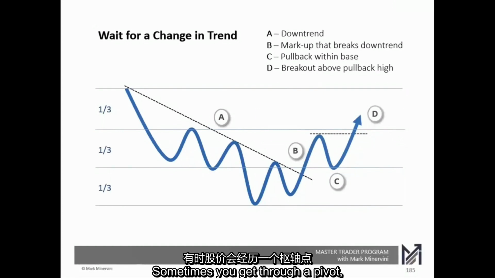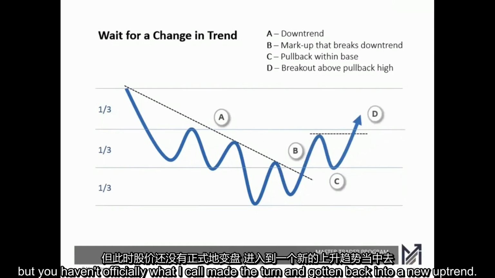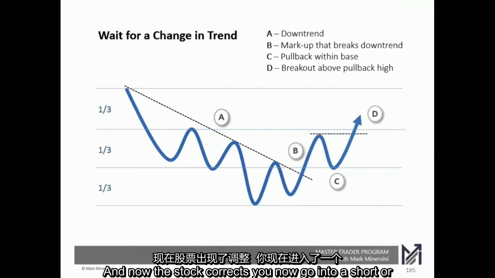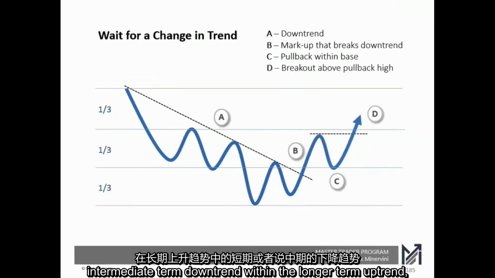So sometimes you get through a pivot, but you haven't officially, what I call, made the turn and gotten back into a new uptrend. So what happens is you're in a stage 2 uptrend, right? And now the stock corrects. So you now go into a short or intermediate term downtrend within the longer term uptrend.